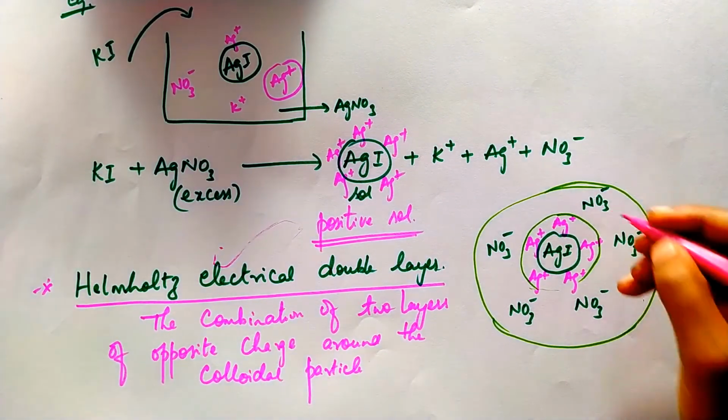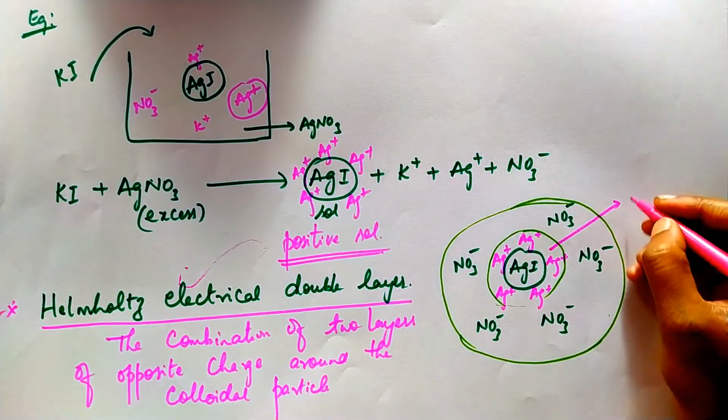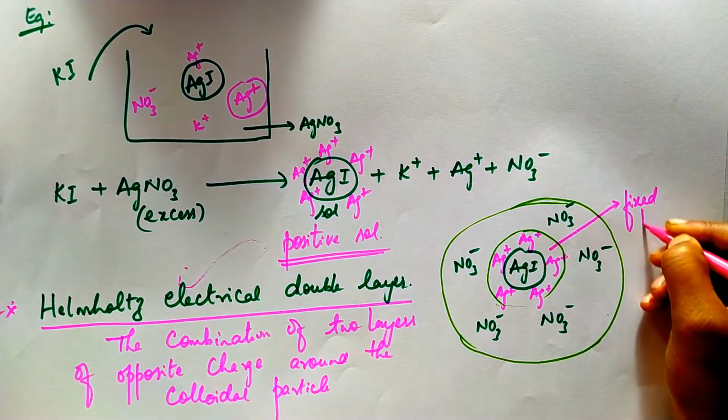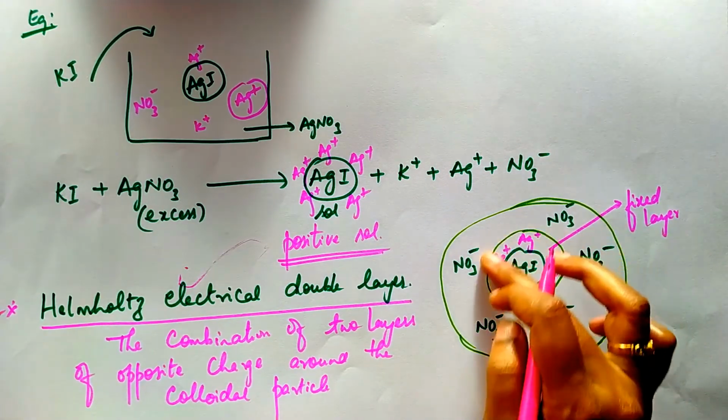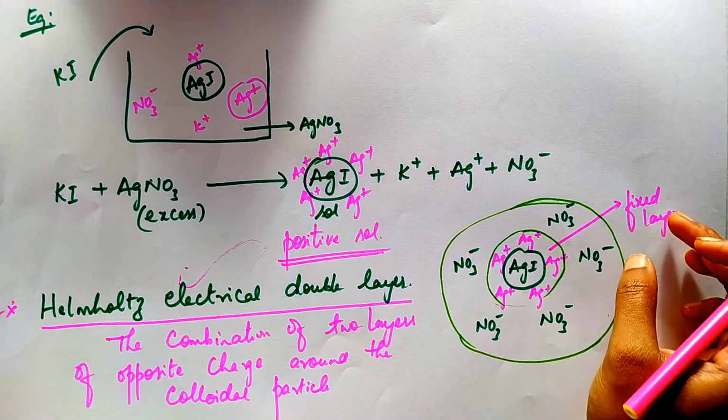And here the first layer we call a fixed layer, because it is tightly held on the surface of the colloidal particle. It is tightly fixed, so we call it a fixed layer.